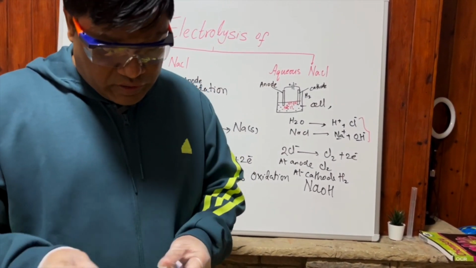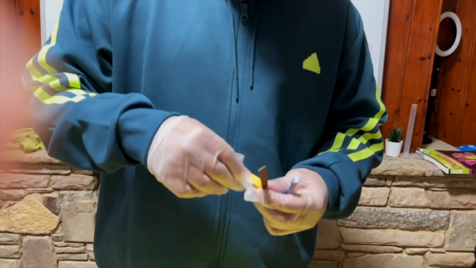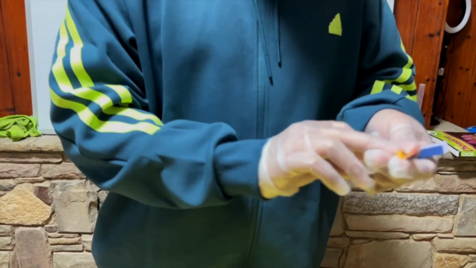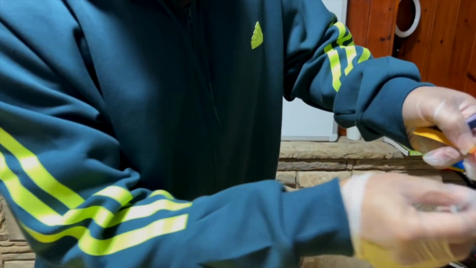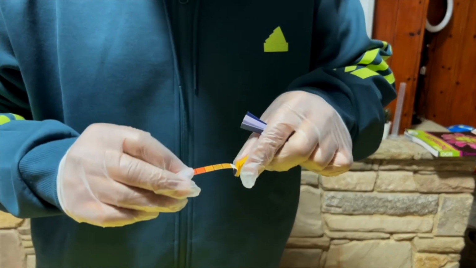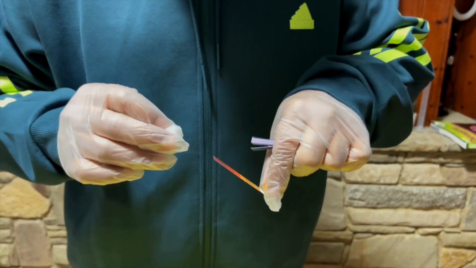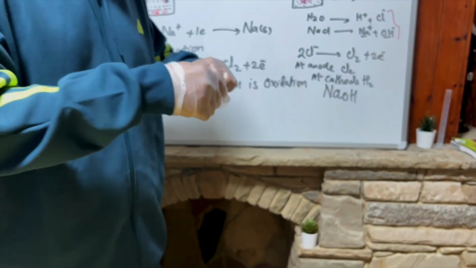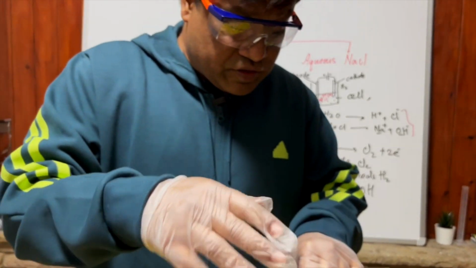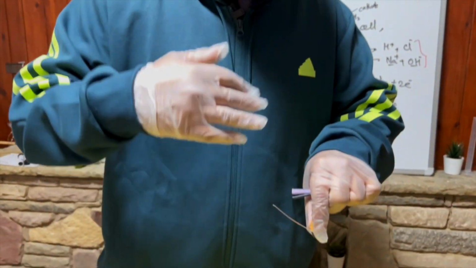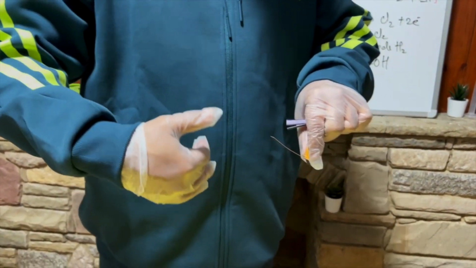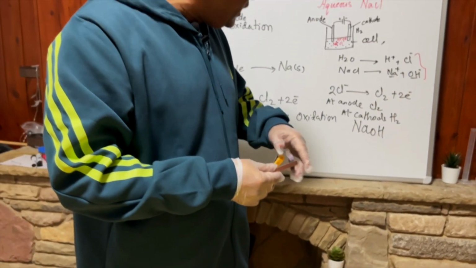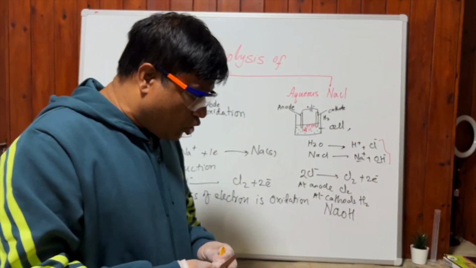Look at the color. You can see the colors and the pH values. If the pH value is less than 7, the solution is acidic. If the pH value is more than 7, the solution is alkaline or basic.